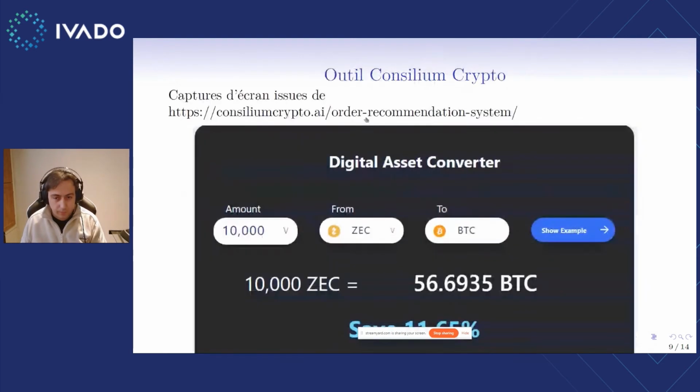If you go to the Consilium Crypto website, you will see this recommendation system. It is a screenshot that I took on the website, and you can check by yourself with this address. Imagine that you want to pass an order of 10,000 SEK to buy Bitcoin.